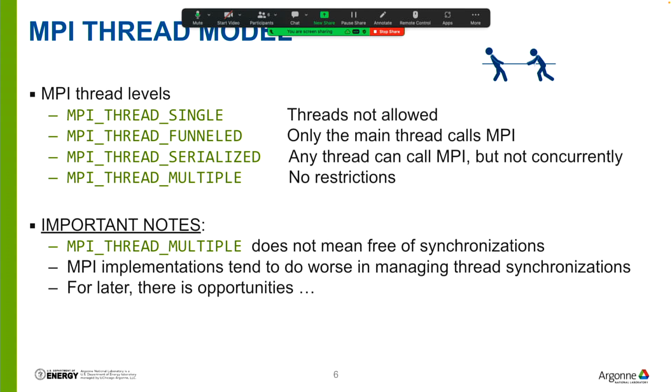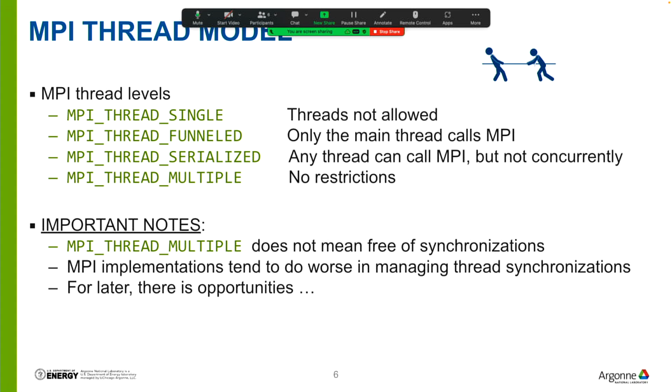Here we need to mention the MPI thread levels. The MPI thread level is not really a collaborative effort between MPI and the threads. It's rather, as I show here, a tug of war on convenience between the application layer and the MPI library.